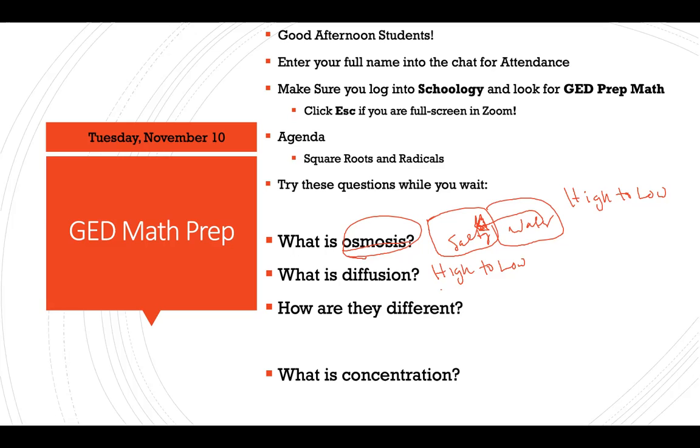That's concentration. And I think the question that you had to explore on your GED Ready was involving solutions and molarity. So that's what we're going to talk about today, like how that concentration plays into finding solutions.